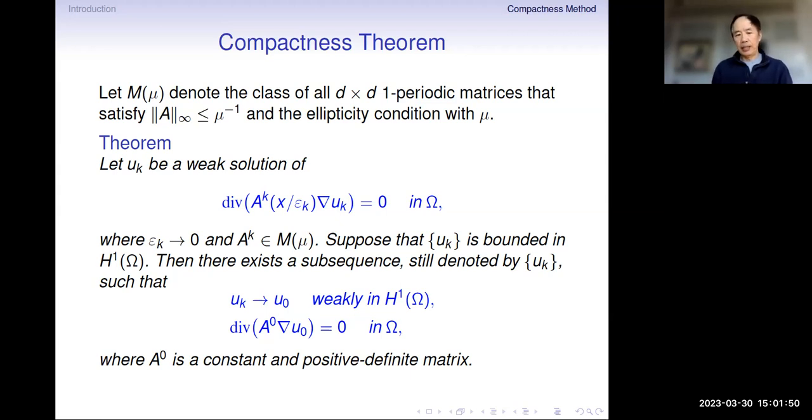A super zero is a constant, positive definite matrix. So this is the compactness theorem we're going to use in order to prove the large scale estimate I talked about earlier.